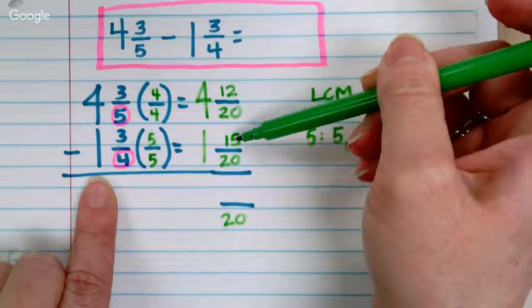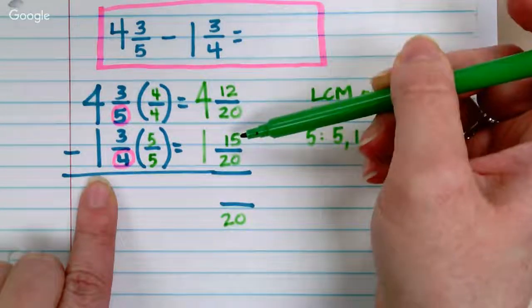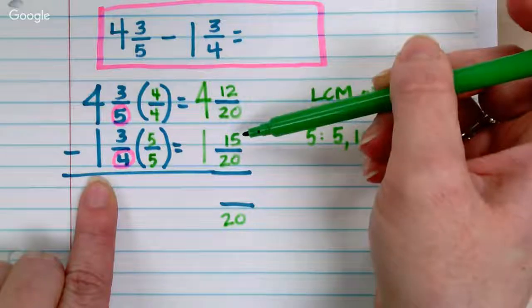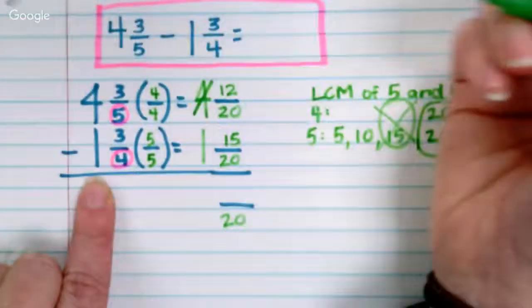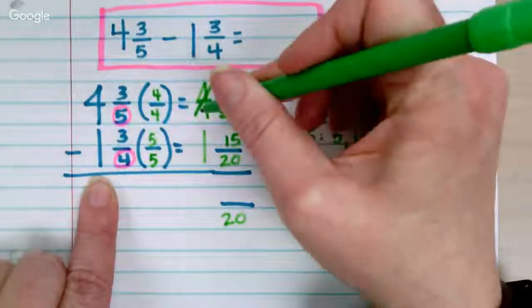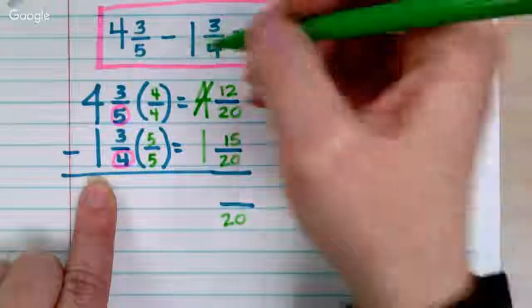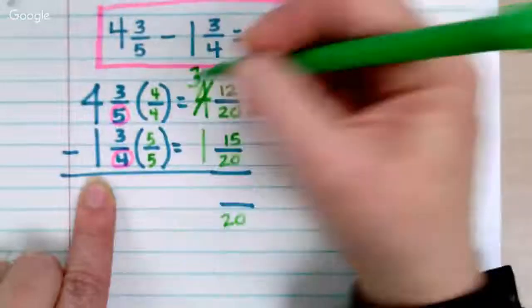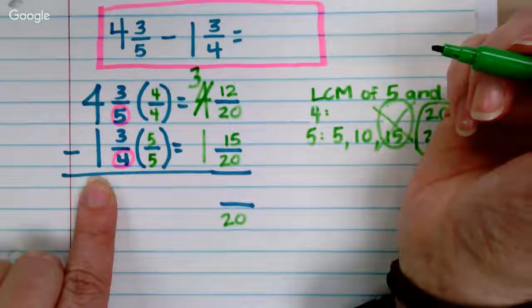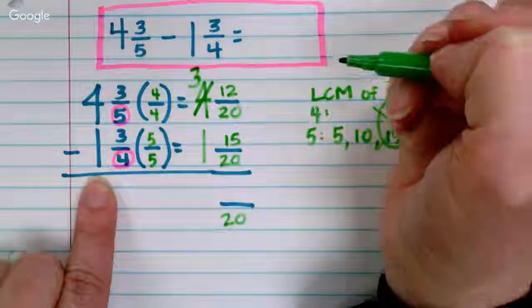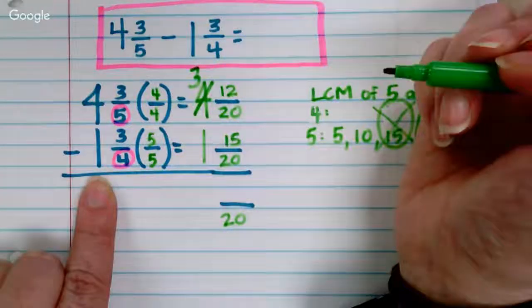12 take away 15 won't give me anything positive. So just like in whole numbers, I'm going to borrow from my neighbor value. My neighbor value here is the 4. So I'm going to cross off the 4 and I'm going to take 1 away from it. 4 becomes a 3. Now I have a whole floating around and I want to give that whole to this numerator.